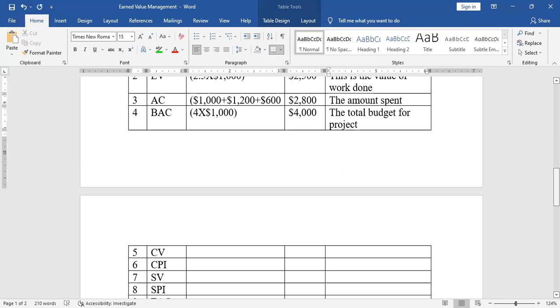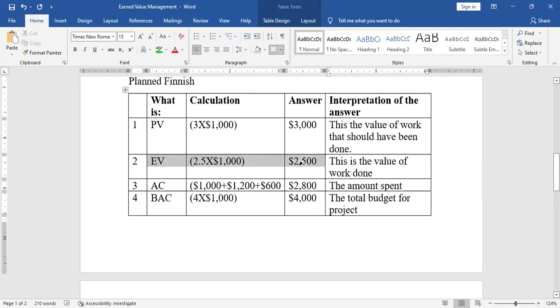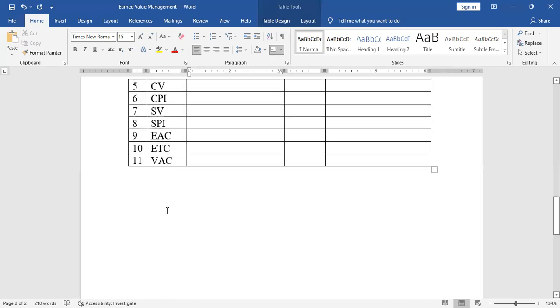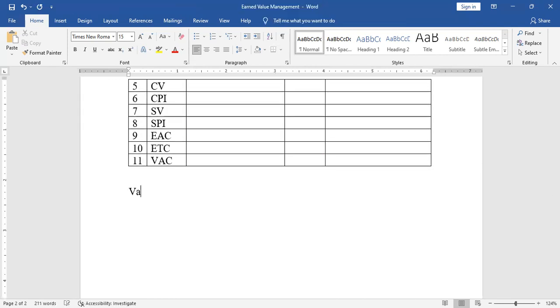In EVM, EV is one computation that is widely used in calculating the index and the variances. So the variance is actually minus, we are subtracting. The index is actually division, we are dividing.